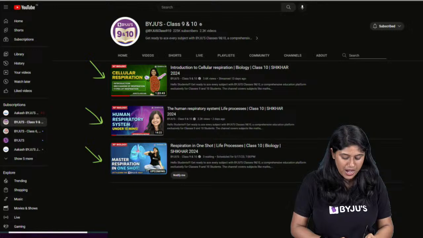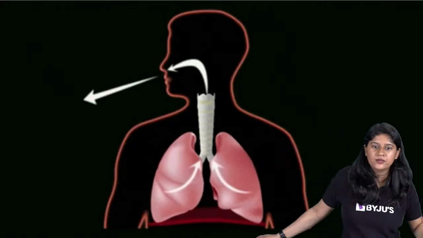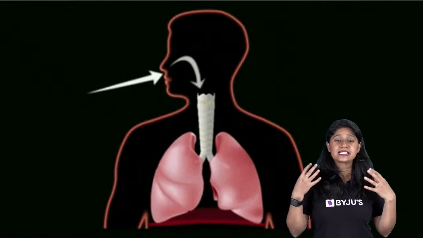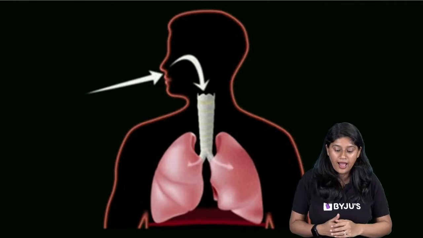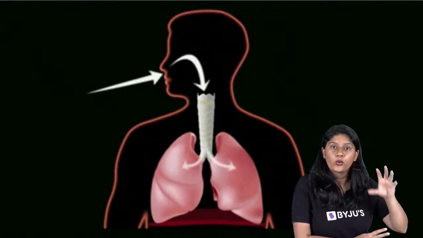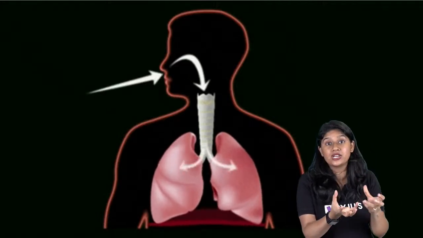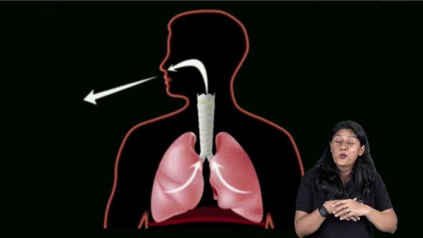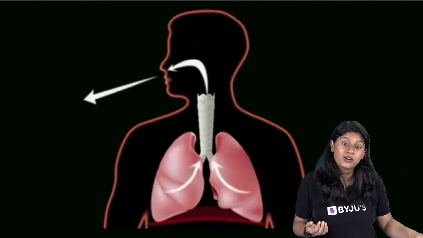Okay. Everyone, now I want you to breathe. Can you do this for me? Inhale and exhale, everyone. Now we will be discussing something very important. We are clear with the respiration. We are clear how we are getting the energy inside the cell. We are clear what the different parts of our respiratory system are.